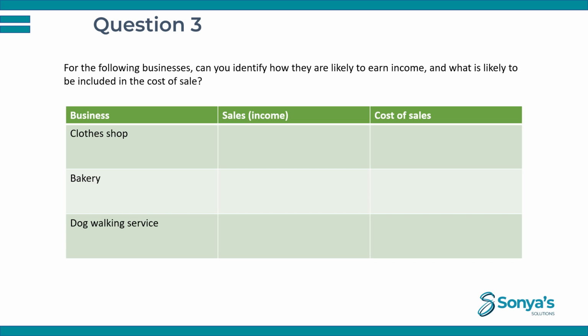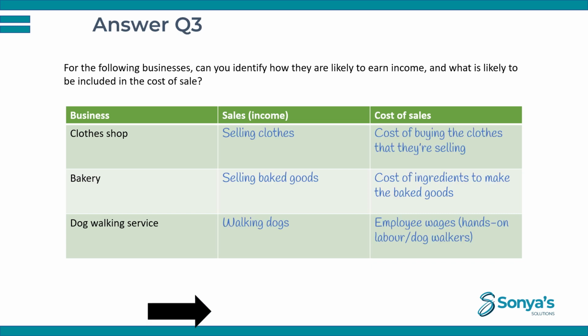Please pause the slide, read the question and press play when you're ready to listen to the answer. The clothes shop earns its income by selling clothes. The cost of sale includes the cost of buying the clothes they're selling.